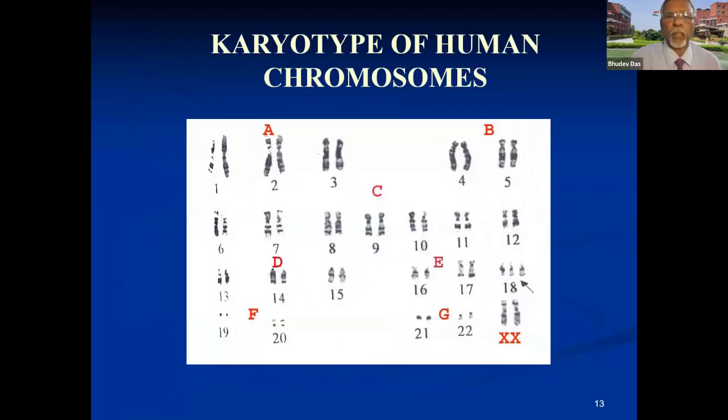So these are karyotypes of human chromosomes showing the triple 18 chromosomes. That's the Edwards syndrome. You can easily make out this G banding chromosome; you can pair them accurately by G banding.